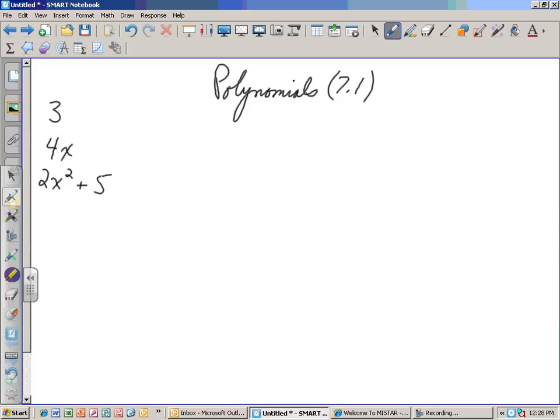I'm going to give you a bunch of examples of what polynomials are like, and then we're going to classify them. These are all examples of polynomials.